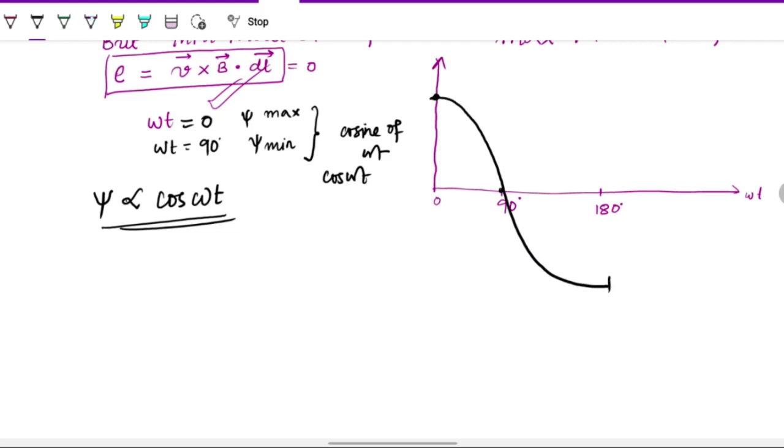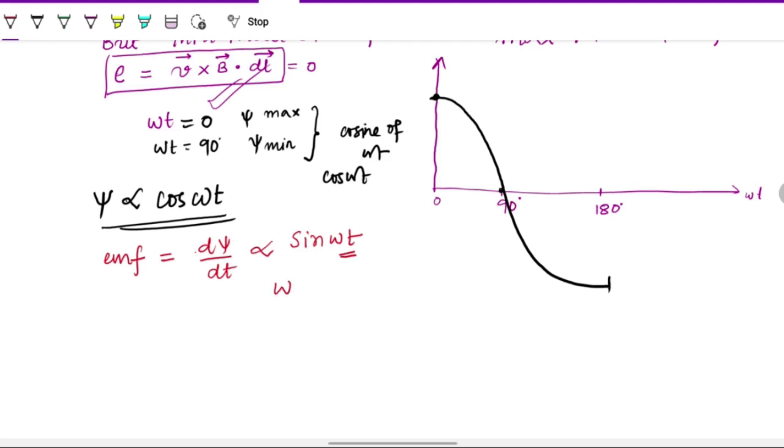Similarly, for the value of EMF generated, EMF is d psi by dt. So this generated EMF will be in the form of a sine wave, that is, it will be proportional to sine omega t.